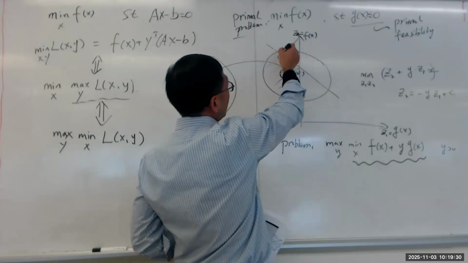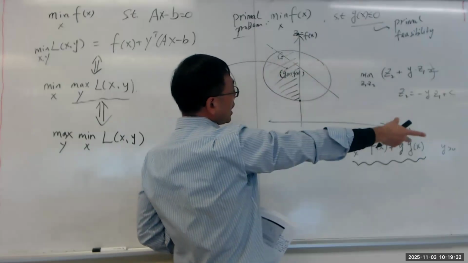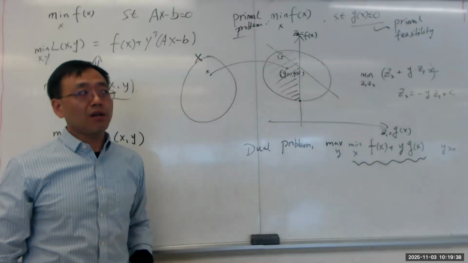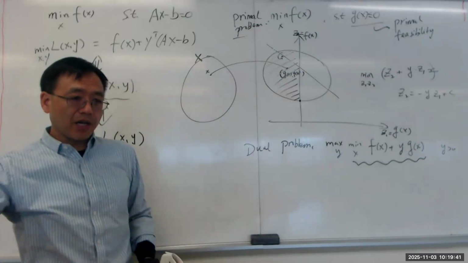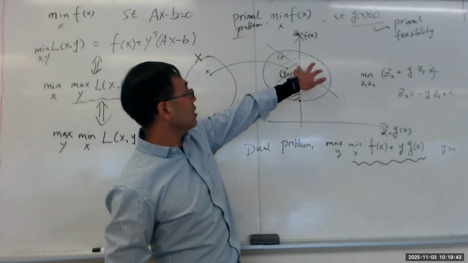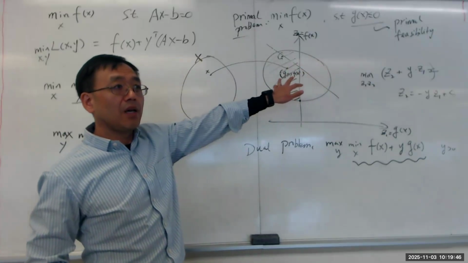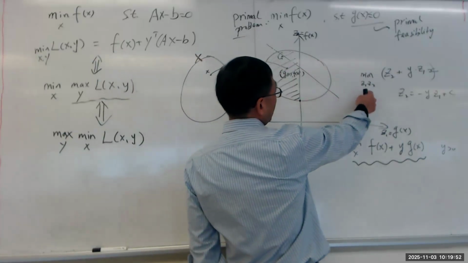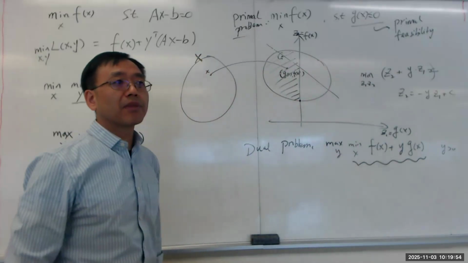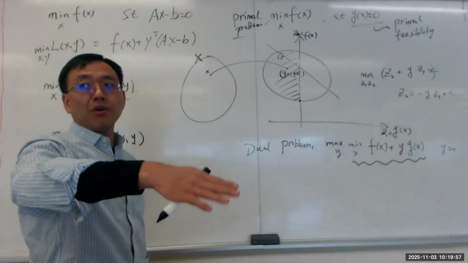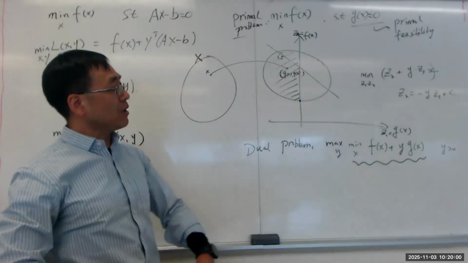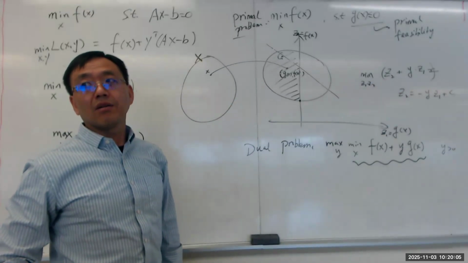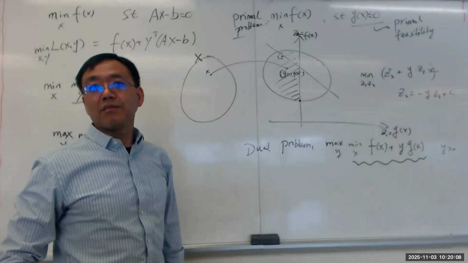For any given c, this function defines a line with negative slope because y is bigger than 0, and the value of this line is basically its intercept.